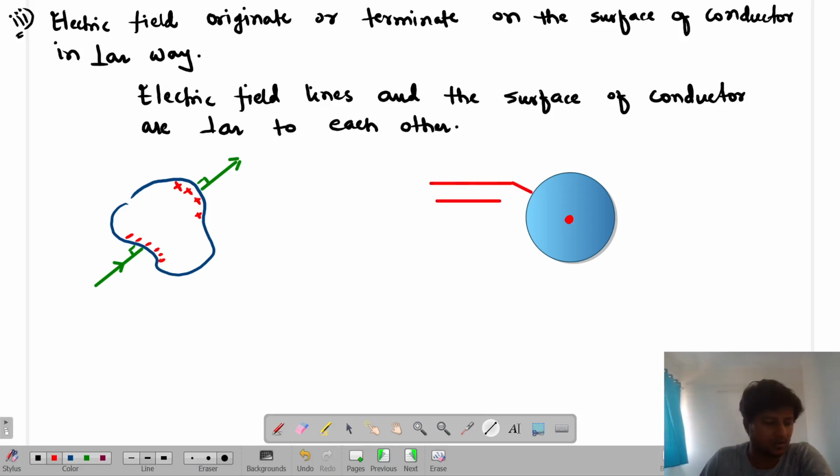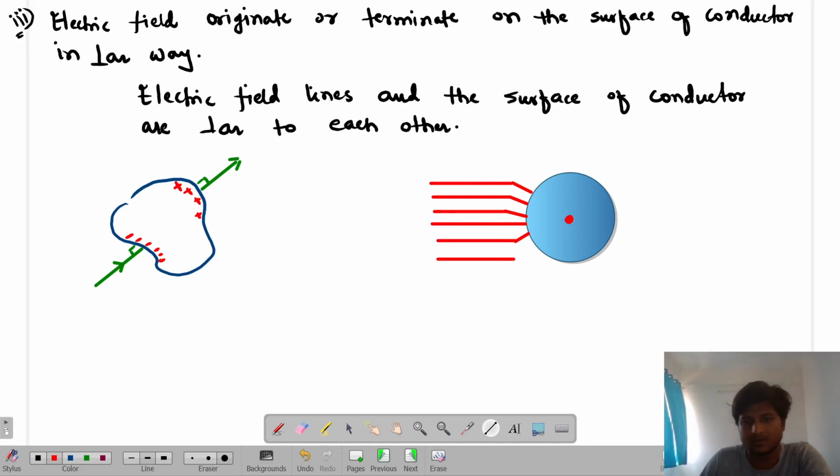In a perpendicular way, or it is originating. If it is a negatively charged body, then how will I draw the perpendicular? It will be converging towards the center, isn't it?